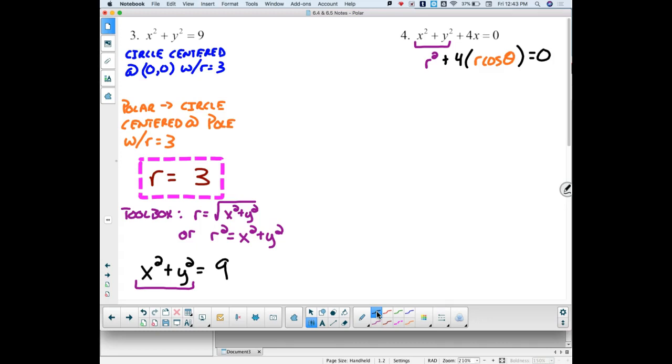I need to get r equals, right? So that means I got to solve for r. So what do I have to do? Take out an r. Okay. So if I take out an r, I'm left with r plus 4 cosine of theta.